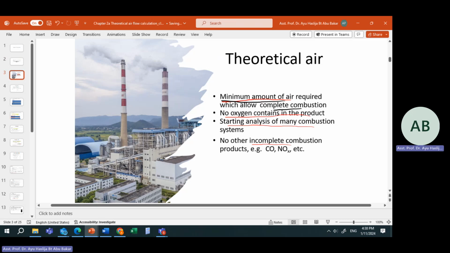We don't need to supply excess of air. Kalau excess nanti your blower or compressor design will be different because your loading of air volume different kan. And no oxygen contains in the product. And starting analysis of many combustion system is important so that no other incomplete combustion product. So minimum for complete combustion.